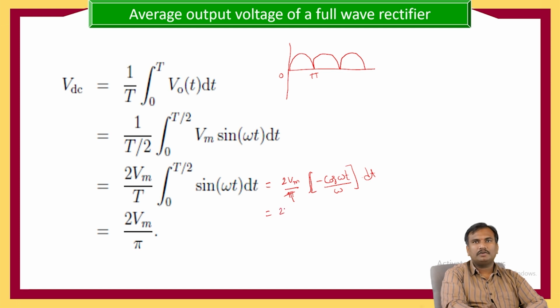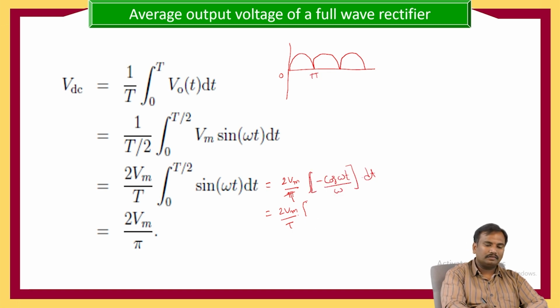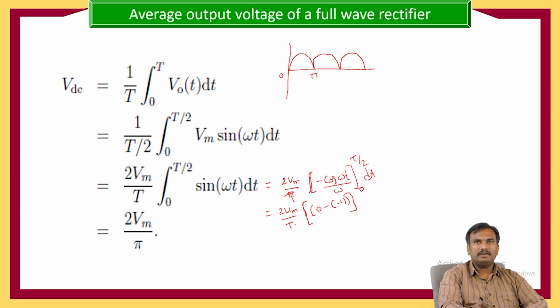Here, if we substitute 2 Vm by T into minus cos omega t, where the limits are from 0 to T by 2, then if we take omega t value as pi, we are going to get 0 minus of minus 1, which will be equal to 2 Vm by pi.